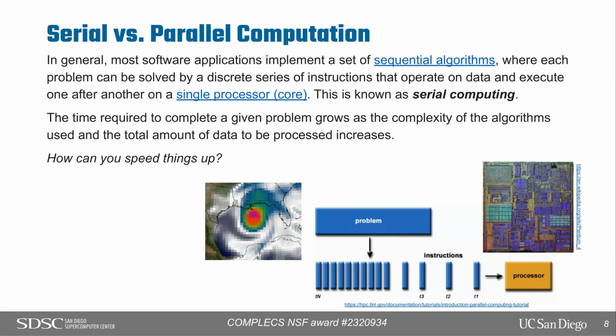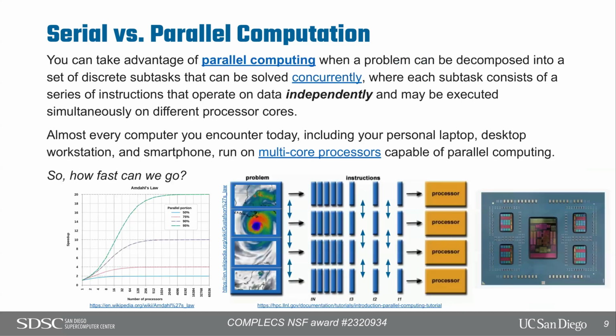Here I'm illustrating that if you were to run your hurricane simulation in a serial fashion, you'd probably have to run it with a very low resolution and not super high fidelity. And so how good the prediction is probably going to suffer, right? So, moving to high performance computing systems, to take advantage of that speed, scale, and throughput, we need to move to a parallel computing model, right?